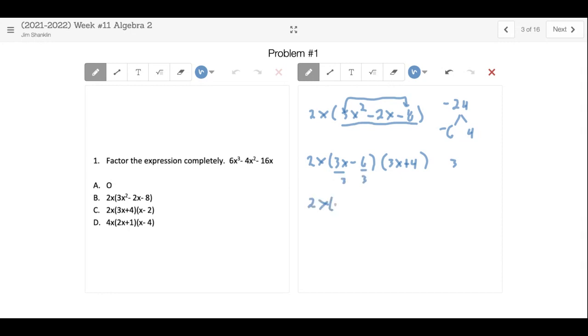So my answer is going to be 2x, x minus 2, 3x plus 4. Whew, that's a major league factoring right there. All right. So my answer to this problem should be letter C. Let's take a look at number 2.